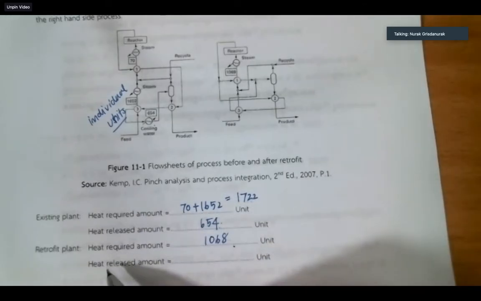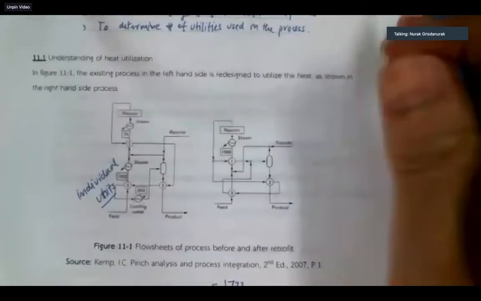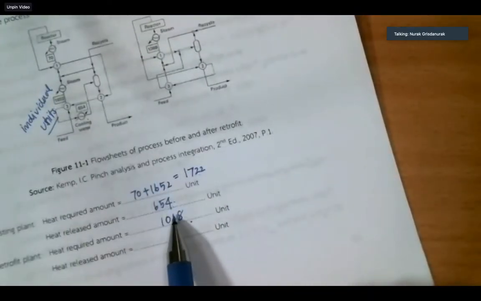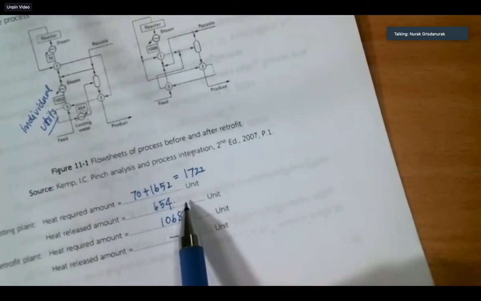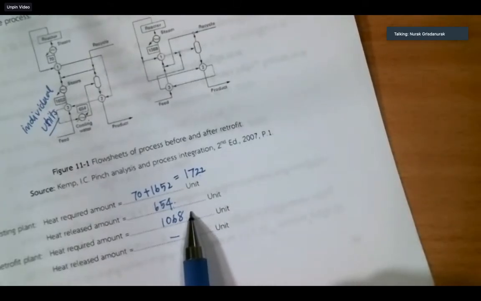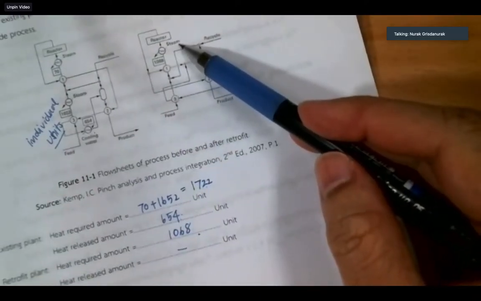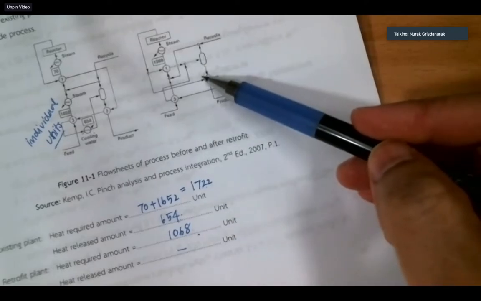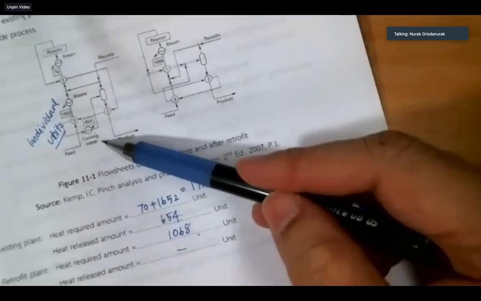And that number is the heat required. In this case, there is no heat release, right? So after you do the subtraction, it means you need to buy steam of about 1068 units without buying any cooling water.